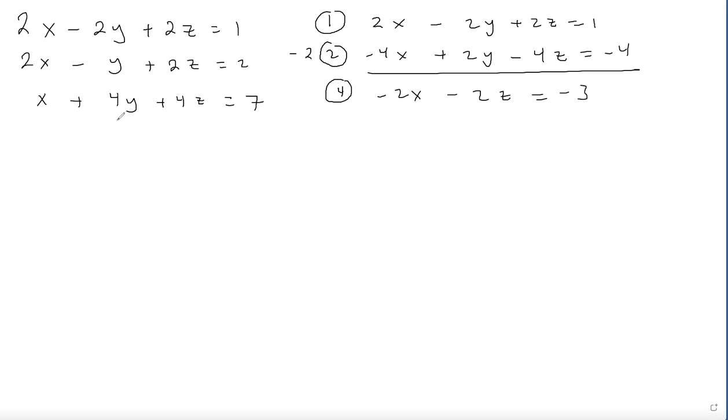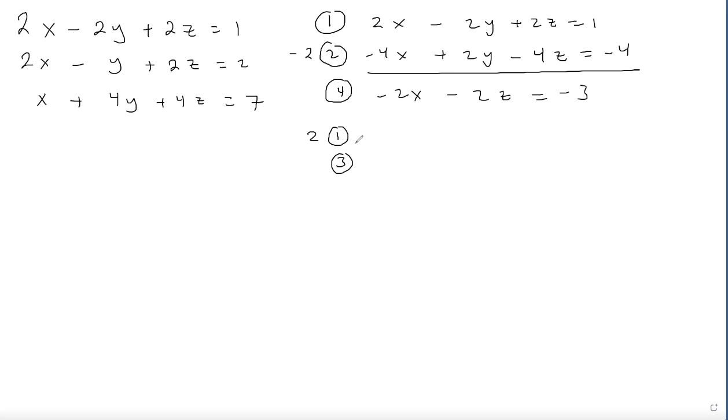So I'm going to go, which way do I want to go? It really doesn't matter. I'm going to go 2 times equation 1, I think. So let's go 2 times equation 1, and we'll add to that equation 3. So again, important, different equations, but I'm going to get rid of the same variable, the y.